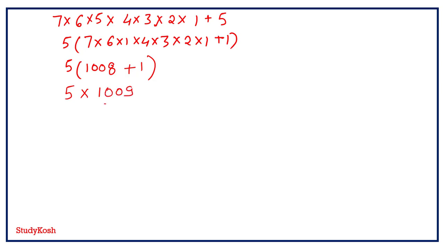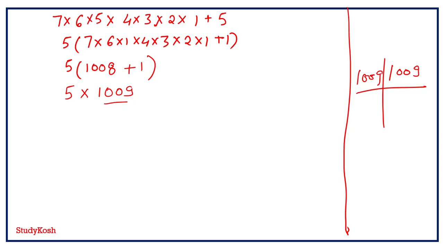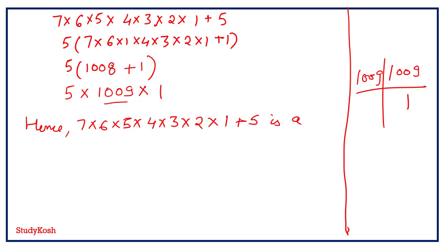Now we'll check the factors of 1009 in the rough work. Since 1009 is a prime number, we'll get 1 as a common factor. Okay. Now again there are more than 2 factors, so we'll write hence 7, 6, 5, 4, 3, 2, 1 plus 5 is a composite number.